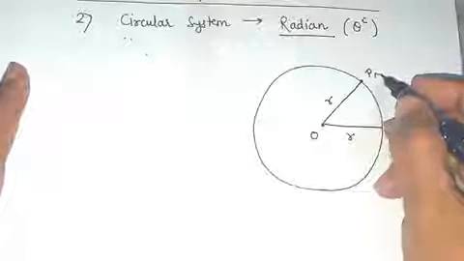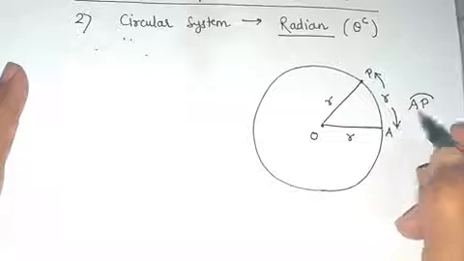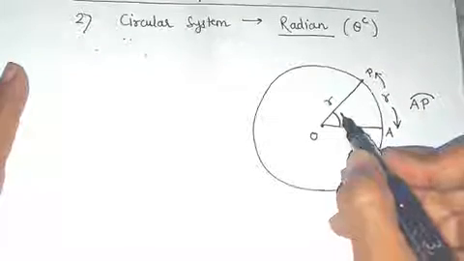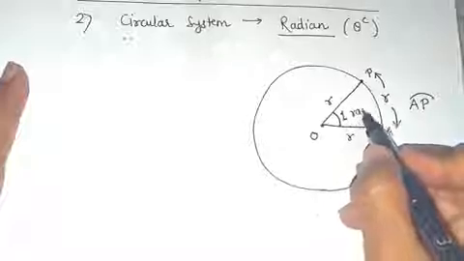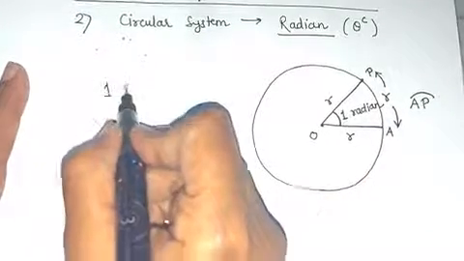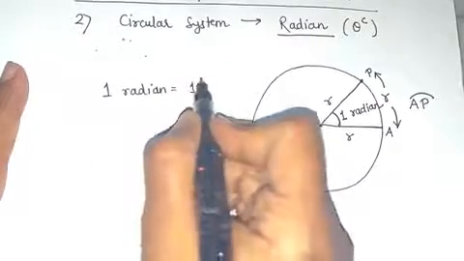So if the length of the arc is also R, then the angle measured at the center is called 1 radian, and it is denoted by 1 radian.